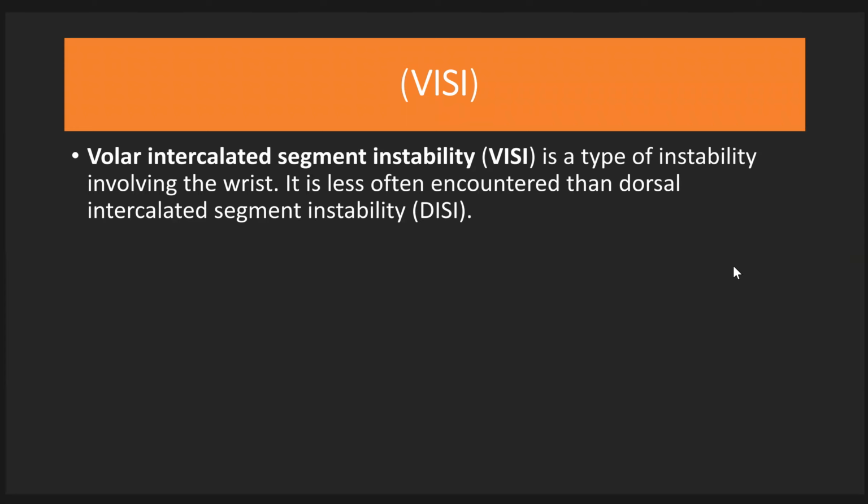What is VISI? VISI is volar intercalated segment instability, a type of instability involving the wrist. It is less often encountered than dorsal intercalated segment instability, and in some books may be a normal variant.